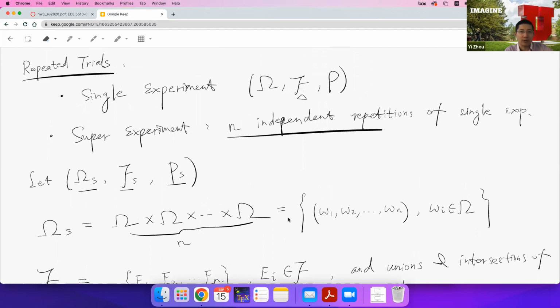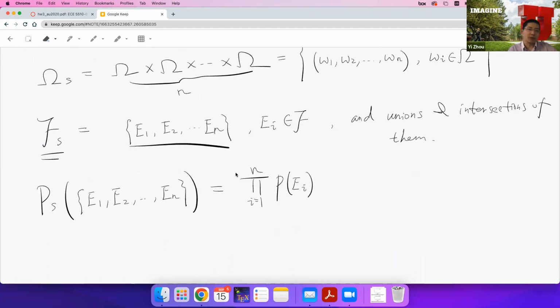They are independently repeated. So you can interpret this as the probability that event E1 happens in the first experiment and the event E2 happens in the second experiment, and up to the last event En happens in the last experiment. But because all these experiments are independent, you just multiply their individual probabilities together.